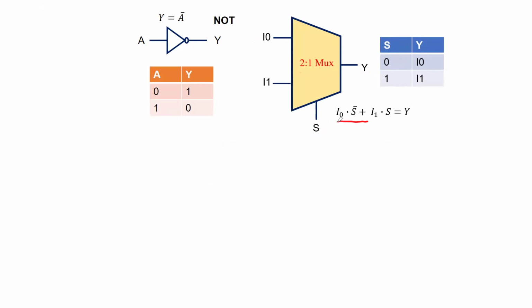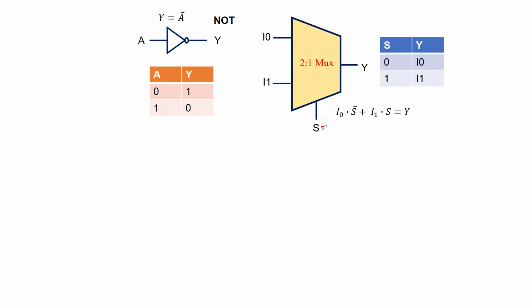The logic equation for the 2:1 MUX is given as I0 and S bar or I1 and S, which is equal to output Y. So output Y is true when this term is true or this term is true.